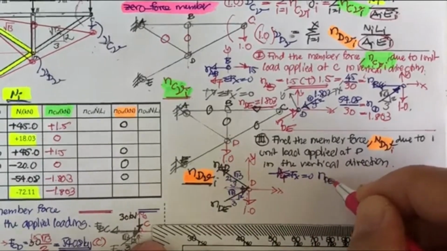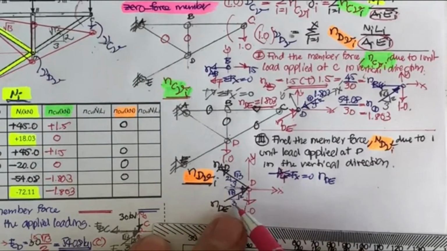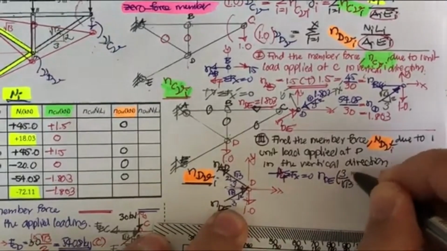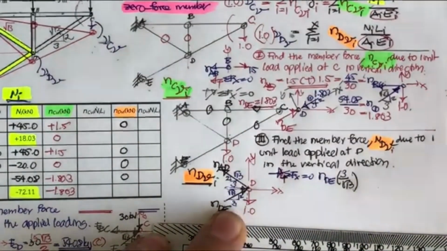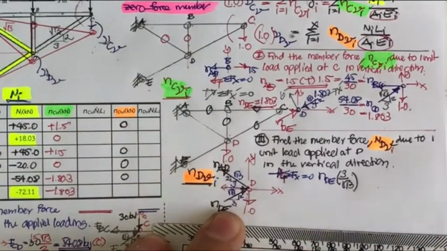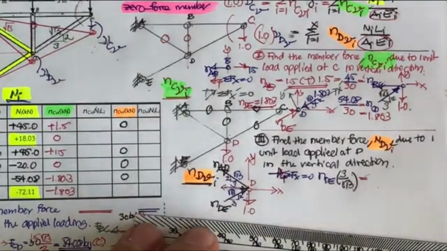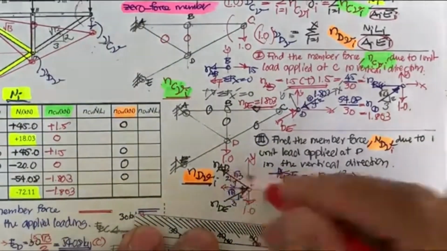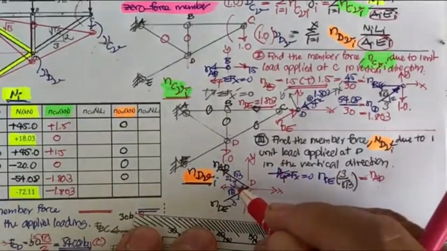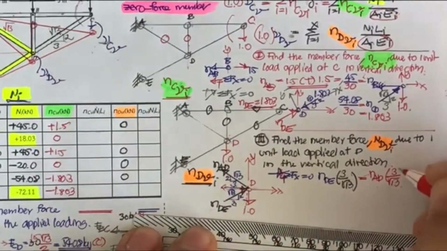N sub DE, if we project it horizontally, is going to be times 3 divided by square root 13, to the right. N sub AD, when projected, is in the opposite direction, equal to N sub AD times 3 divided by square root 13.